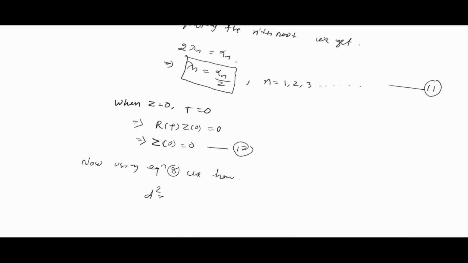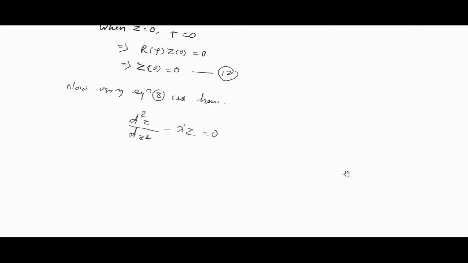We have d square Z by dz square minus lambda square Z is equal to 0. This is a second order ordinary differential equation.